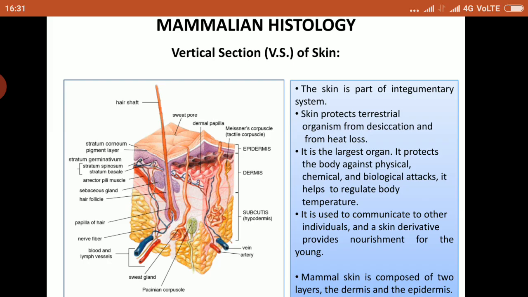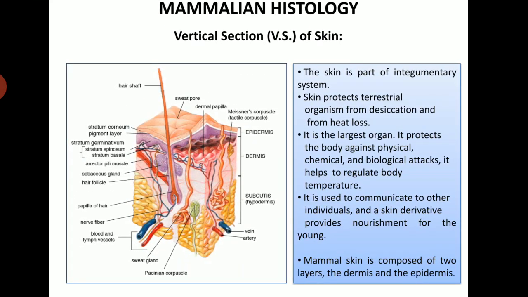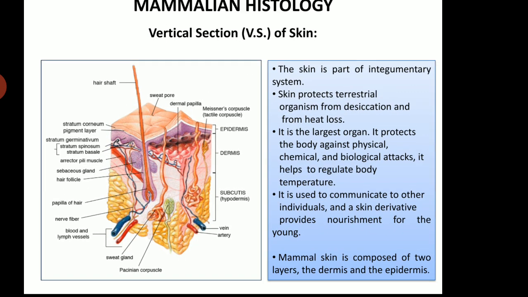at 37 degrees Celsius. So mammalian skin is basically composed of two layers, the dermis and epidermis. It also has a lower layer that is called the hypodermis.